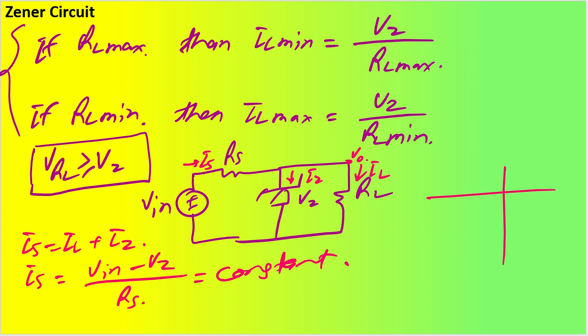Let us say this is my I and this is my V. So IZ will start growing and then it will be in cutoff. So basically this is going to be I max, and this is the place where it will be IZ knee, the knee current.